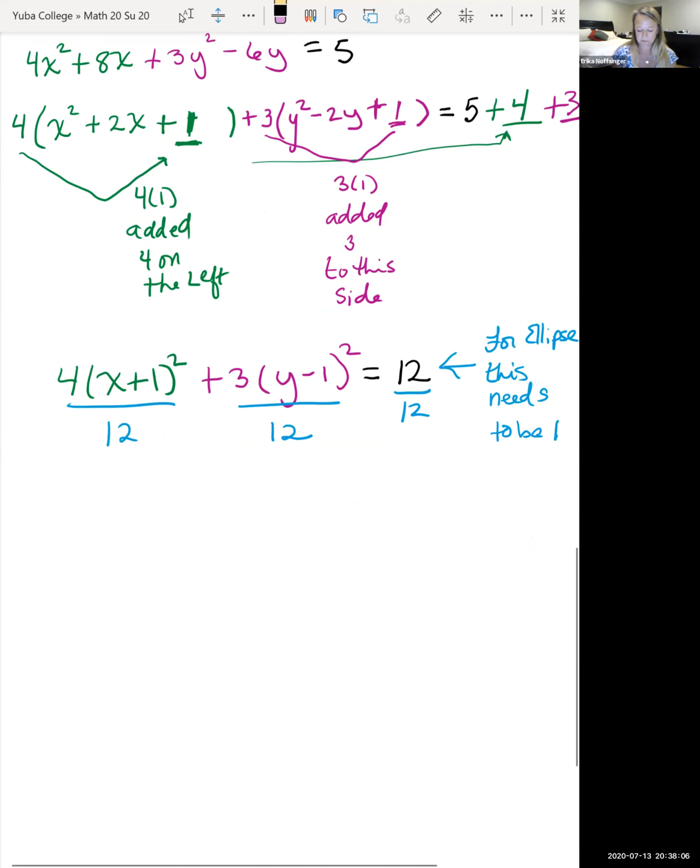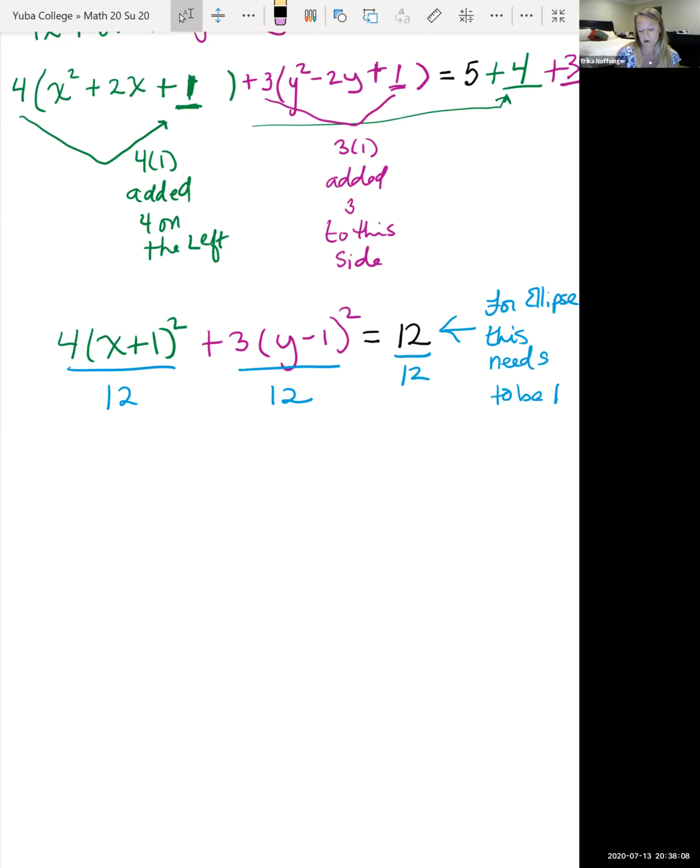And so 4 all times the quantity x plus 1 quantity squared over 12, things simplify. And 4 goes into 12 3 times. And so we're left with x plus 1 quantity squared over 3 plus, so again, things simplify. 3 goes into 12 this time 4 times. So we have y minus 1 quantity squared all over 4 is equal to 1.